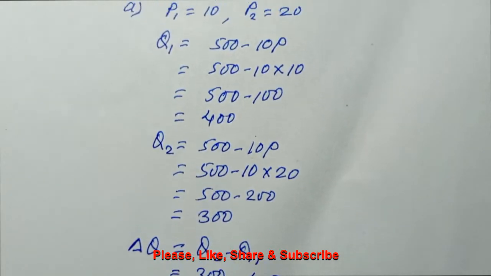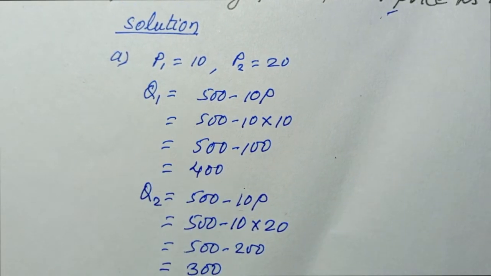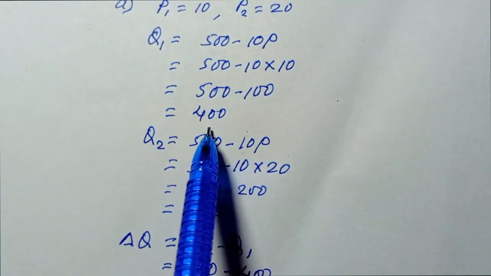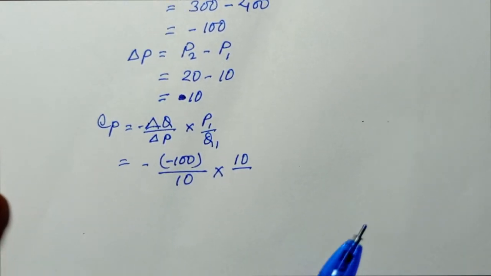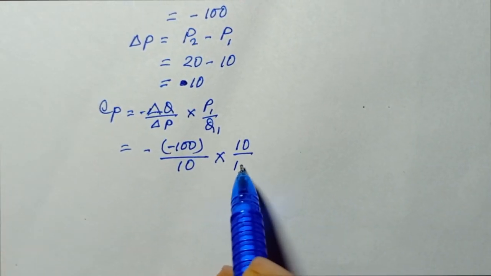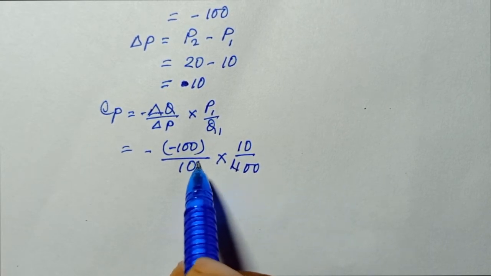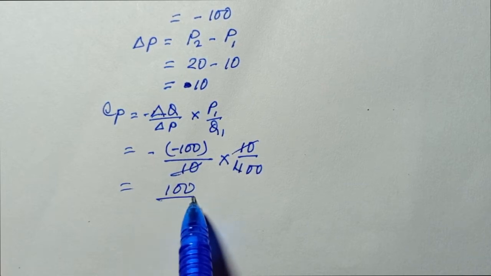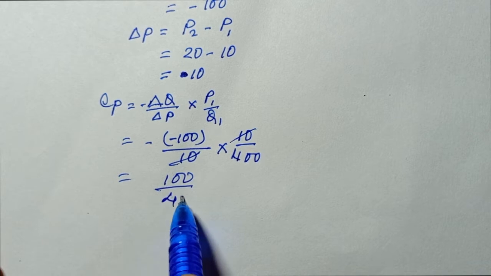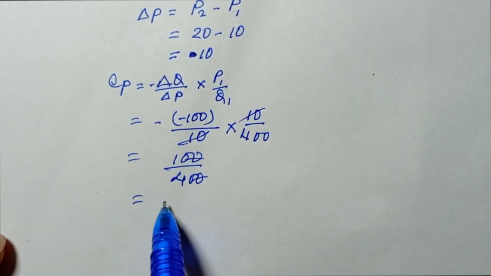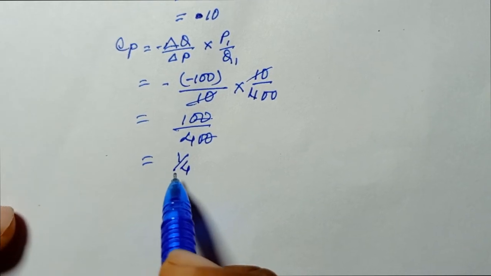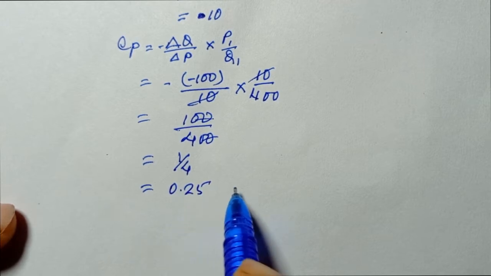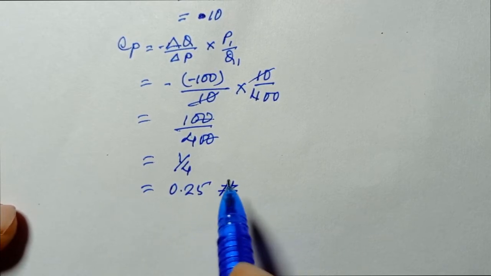We have already written here initial price 10 and initial quantity is equal to 400. Now 400 and 400, 10 and 10 gone, and here this one is 100, positive 100, and this is 400, is equal to 1 by 4. Now divide 1 by 4, then you will find out 0.25. This one is the answer of question A.